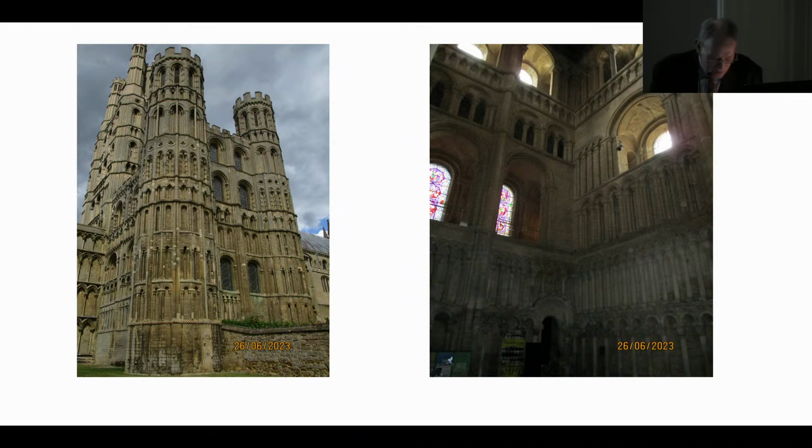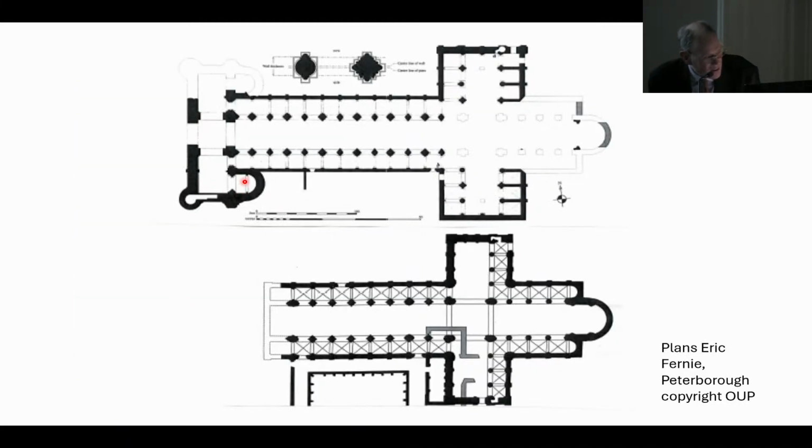That's not just because it was later in date than the work further east, but that goes right back to the plan. You see these very thick walls, even in the apsidal chapels, let alone the ones that one might have expected to be thicker because they're load-bearing.